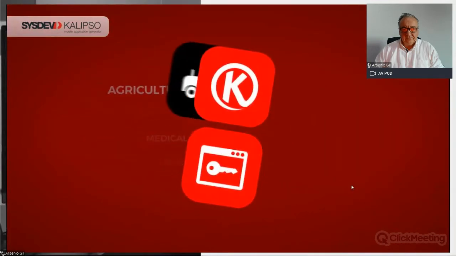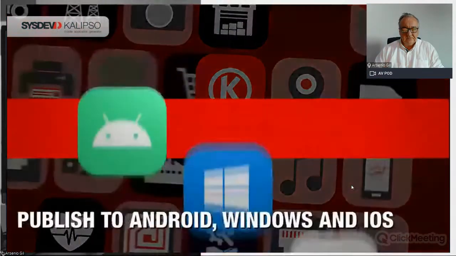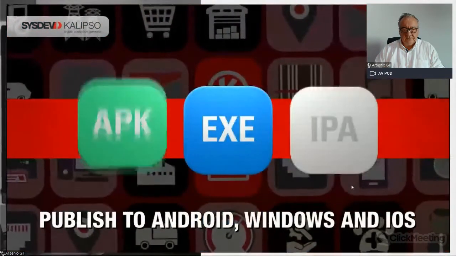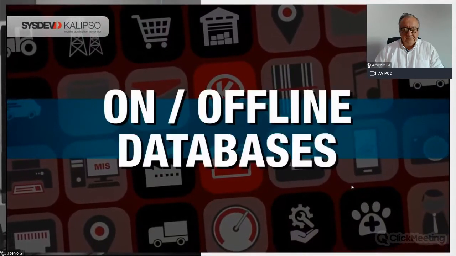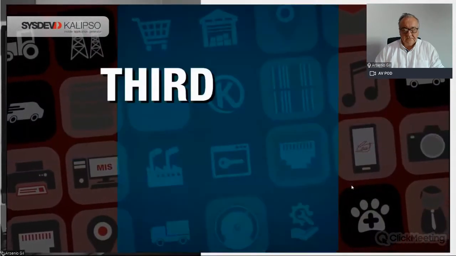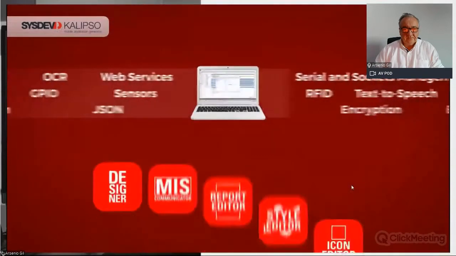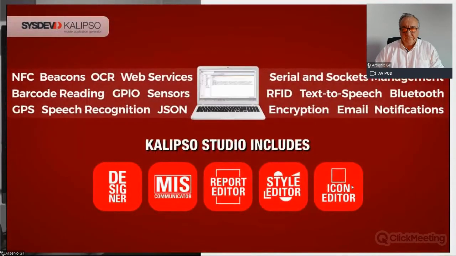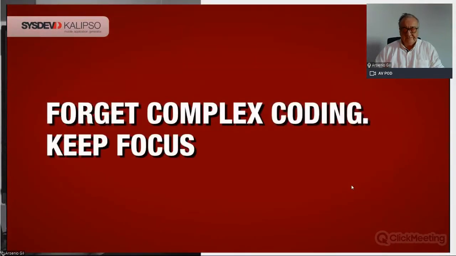One license enables you to deploy several native apps from the same platform into multiple operating systems, containing multi-language support, on or offline databases, third-party hardware compatibility, advanced printing templates, and report labels. Deliver applications on time and reduce development costs with Kalipso Studio. Forget complex coding. Keep focus on the process.